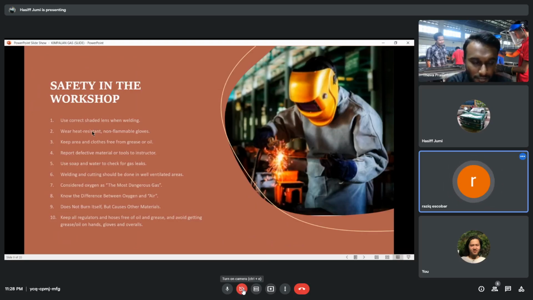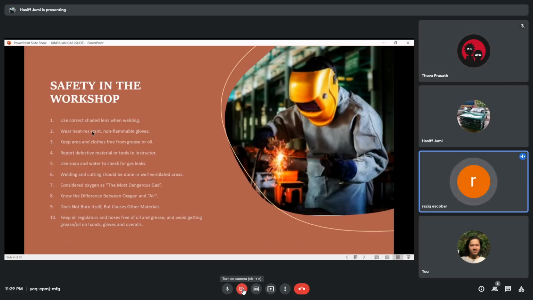Fifth, use soap and water to check for gas leaks. Sixth, welding and cutting should be done in well ventilated areas. Seventh, consider oxygen as the most dangerous gas. Eighth, know the difference between oxygen and air. Ninth, oxygen does not burn itself but causes other materials to burn. And the last one, keep all regulators and hoses free of oil and grease and avoid getting grease or oil on hands, gloves and overalls. Alright, next.